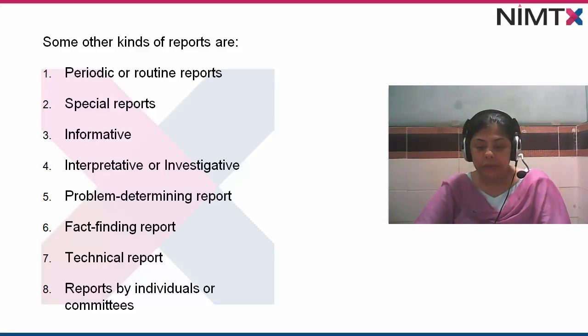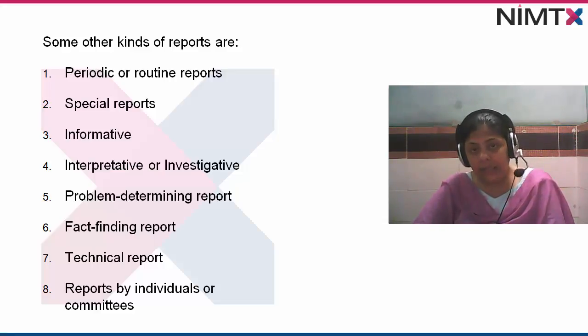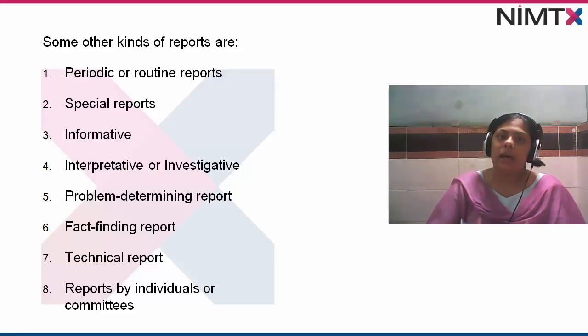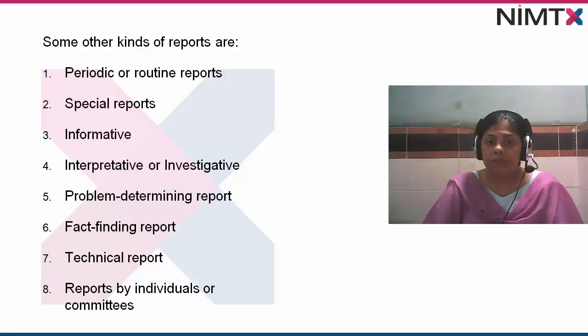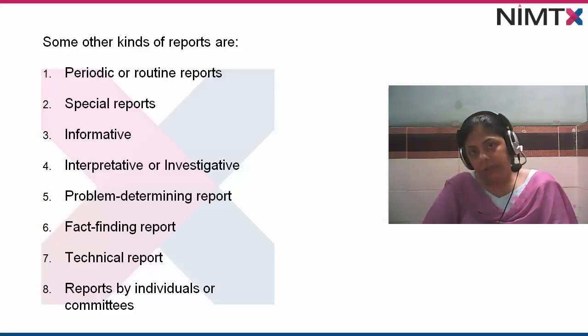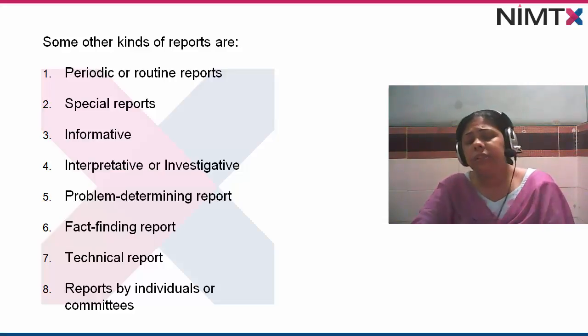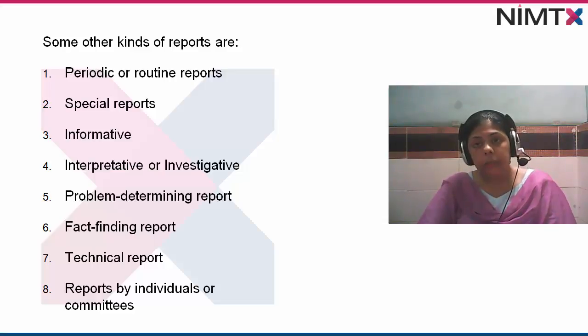Interpretative or investigative. If it is an investigation report, it analyzes whatever facts are accessible to the person making the report. The person analyzes the facts and draws conclusions. A good example of an investigative report can be a plane crash investigation.